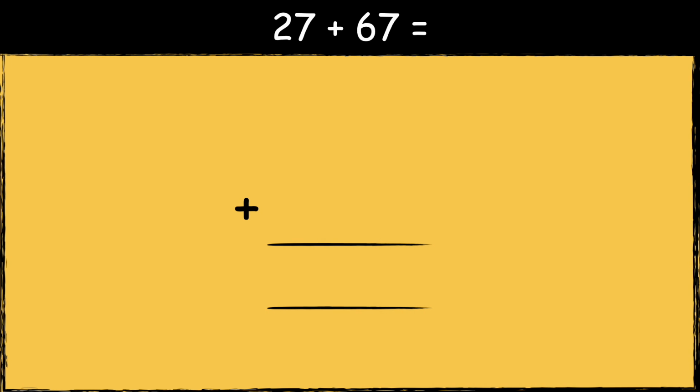Here's the last example. 27 add 67. Remember to line the numbers up correctly. So 27 and 67. So now we're ready to add the digits in each column.